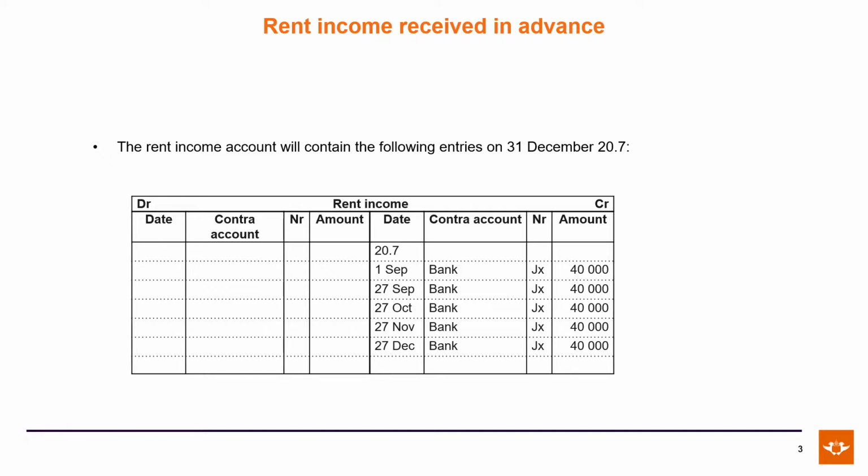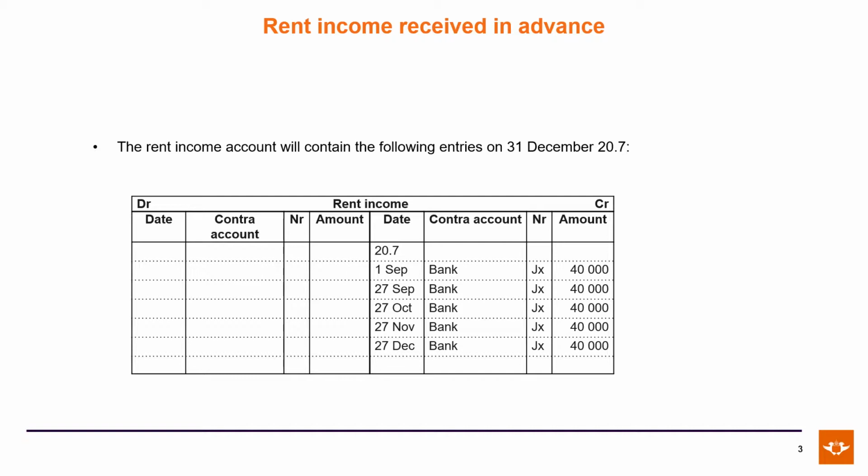The rent income will contain the following entries on 31st of December 2007. Firstly, is the first installment that was paid on 1st of September of 40,000. But remember, the lease agreement stated that the rent is always receivable on the 27th of the preceding month.